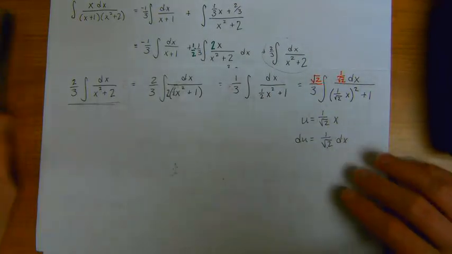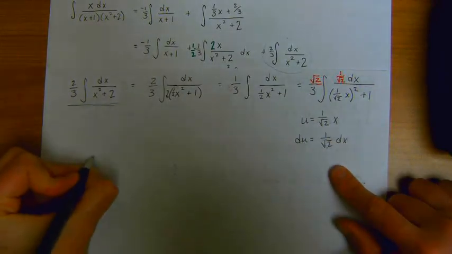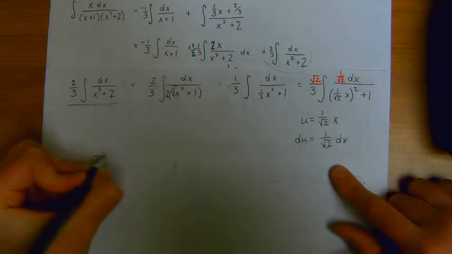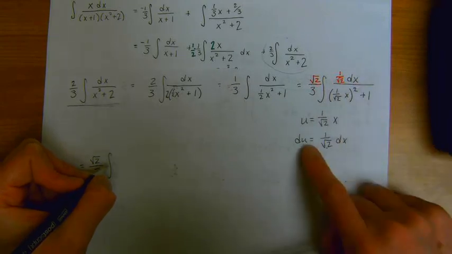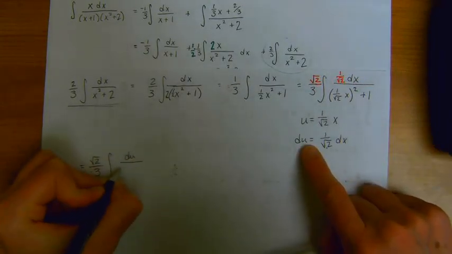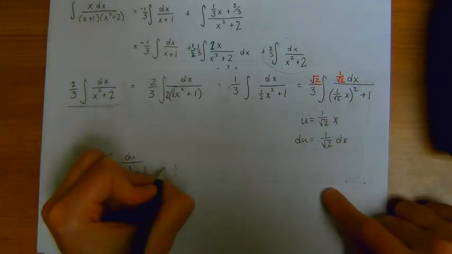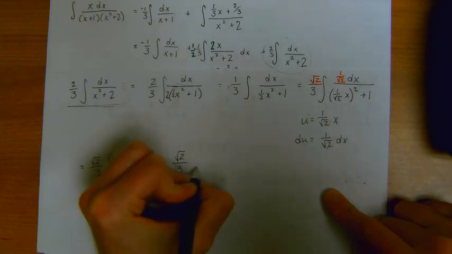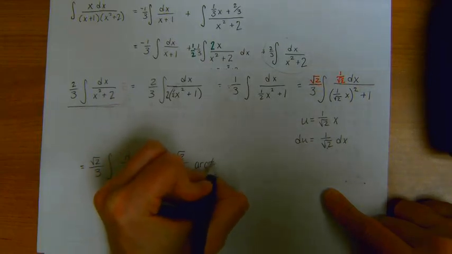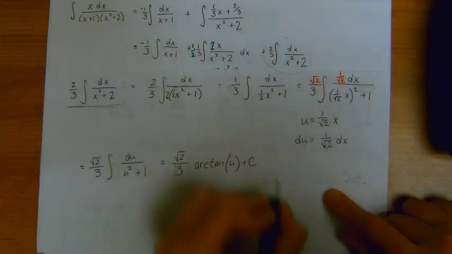So now I can actually integrate. Let's continue on over on this corner. I have the square root of 2 over 3. The 1 over square root of 2 and the dx become my du. And then I have u squared plus 1, which we're all done. This is arctan, or inverse tangent, of u plus c.